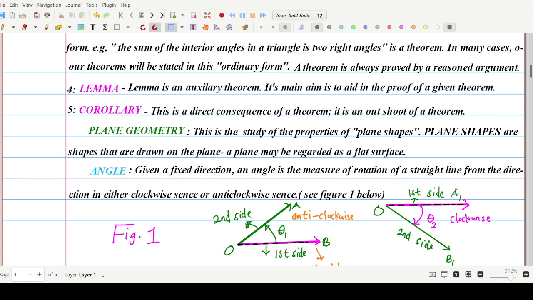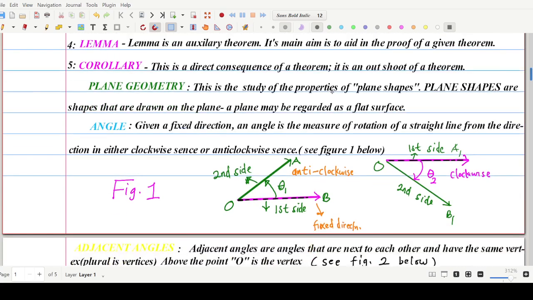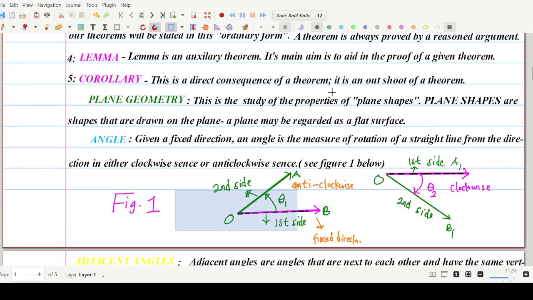The amount or measure of rotation is called the angle, and it can be anti-clockwise, as shown in the first part, or clockwise, as shown in the other part. But it's a rotation from a fixed direction to either the anti-clockwise sense or clockwise sense. So that is an angle.